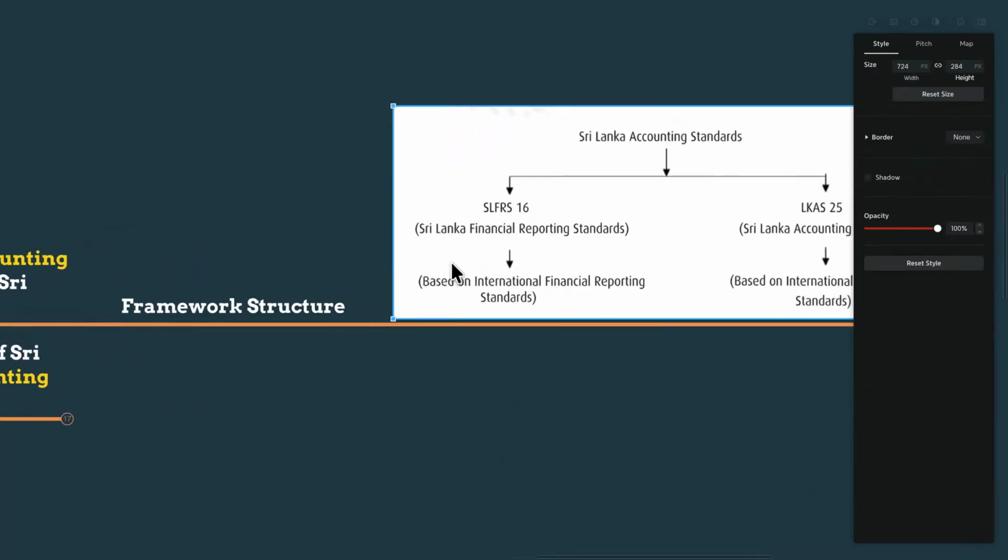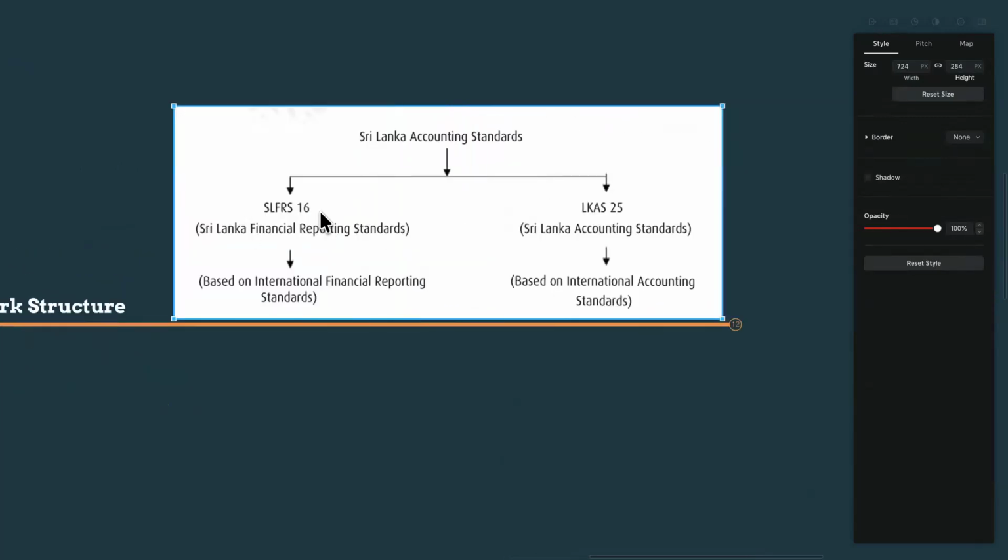We are going to have SLFRS. There are 16 SLFRS and 25 LKAS. SLFRS means Sri Lanka Financial Reporting Standards. In simple terms, it's the copy version of IFRS, International Financial Reporting Standards. In some places they have adjusted according to Sri Lankan norms. And LKAS means Lanka Accounting Standards. It's a copy version of IAS, International Accounting Standards.